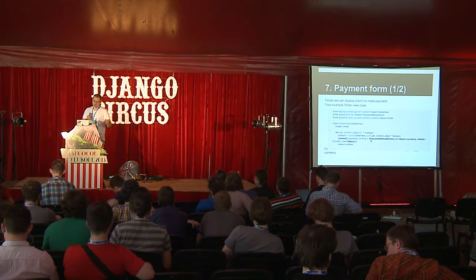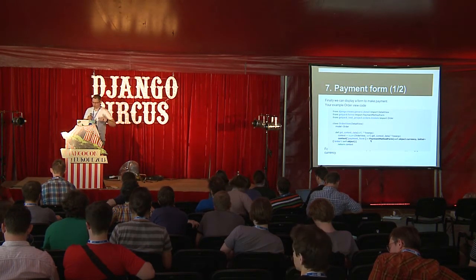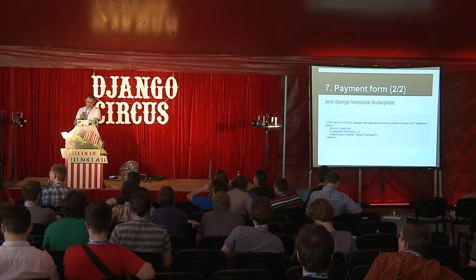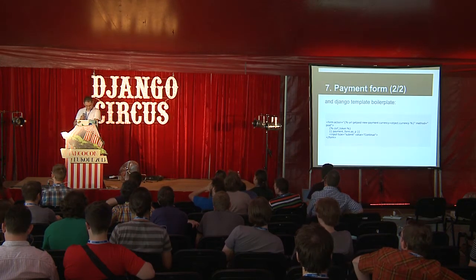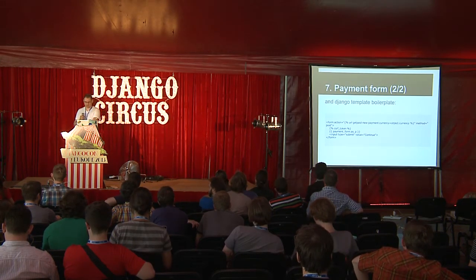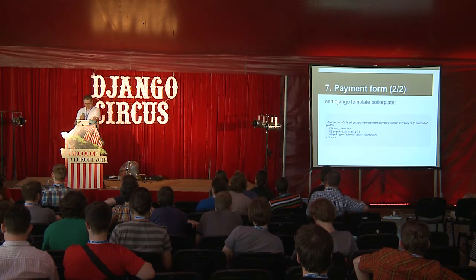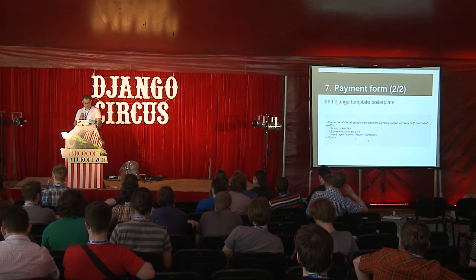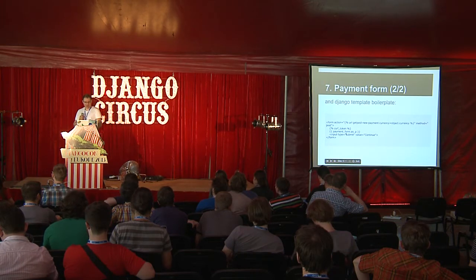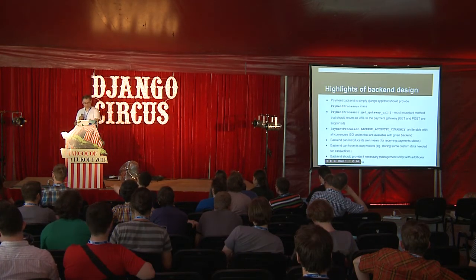After that it will work automatically. I will show you a little example later. This is the template boilerplate part, so it's absolutely standard: the form, the URL of getpaid, and that's it.